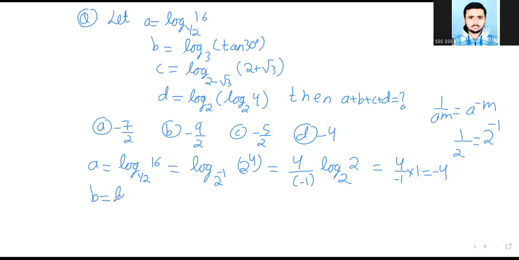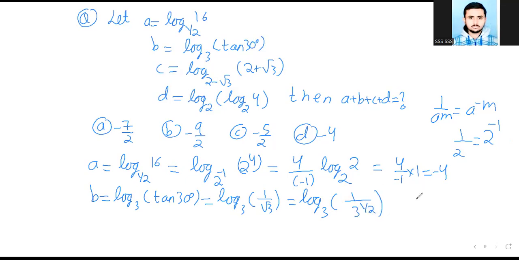Now let's see the value of b. So b would be log of base 3 tan 30 degree. Tan 30 degree would be 1 upon root 3. So log of base 3, root 3 can be written as 3 raised to the power 1 by 2. So this becomes log of base 3, and the reciprocal gets us a negative power.